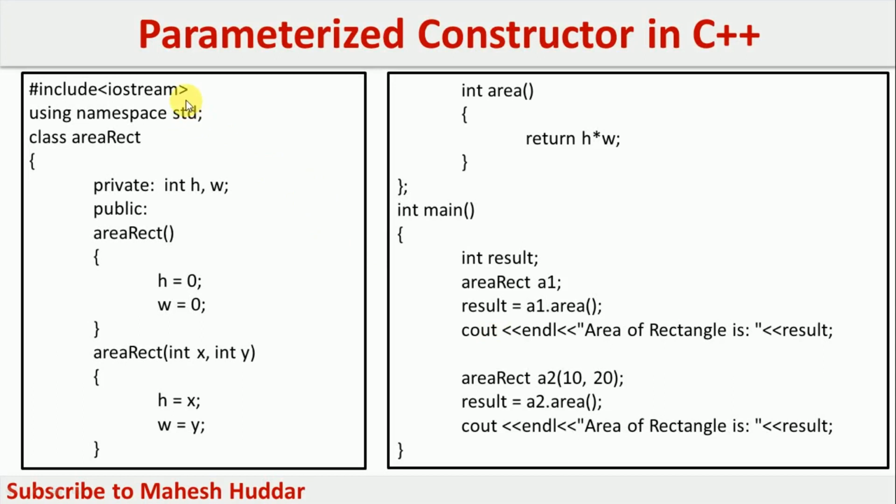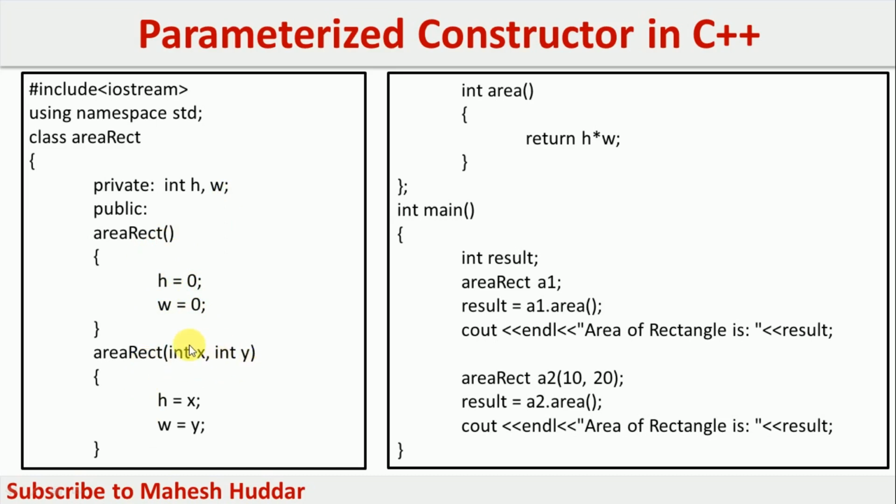If you notice, the program we have written in the previous case is the same program we have considered up to here. Here we have defined two private data members, H and W. This is the default constructor. Whenever you create an object with no arguments, H will be initialized to 0 and W will be initialized to 0. This is the parameterized constructor because we are passing two parameters in this case.